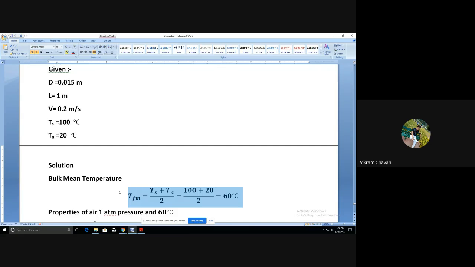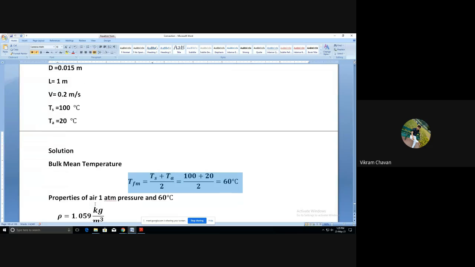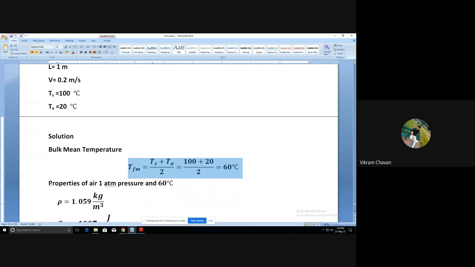Surface temperature is 100 degrees Celsius, fluid temperature is 20 degrees Celsius, divided by 2. 120 divided by 2 gives 60 degrees Celsius. Now we have to consider the air properties at 1 atmospheric pressure and 60 degrees Celsius.